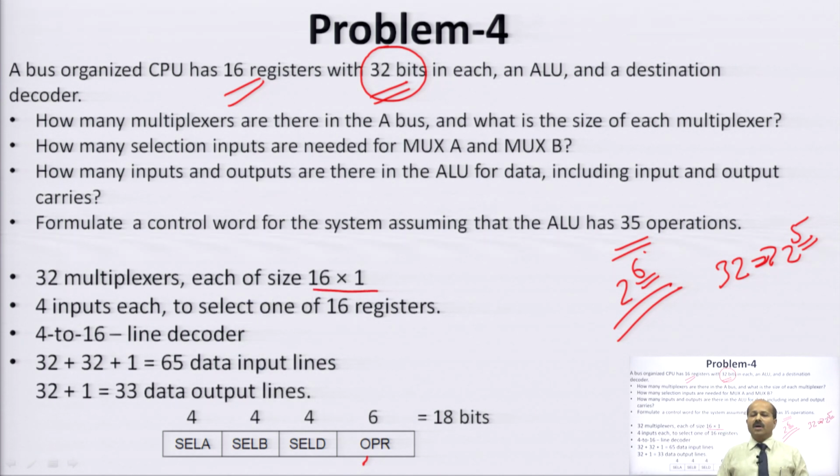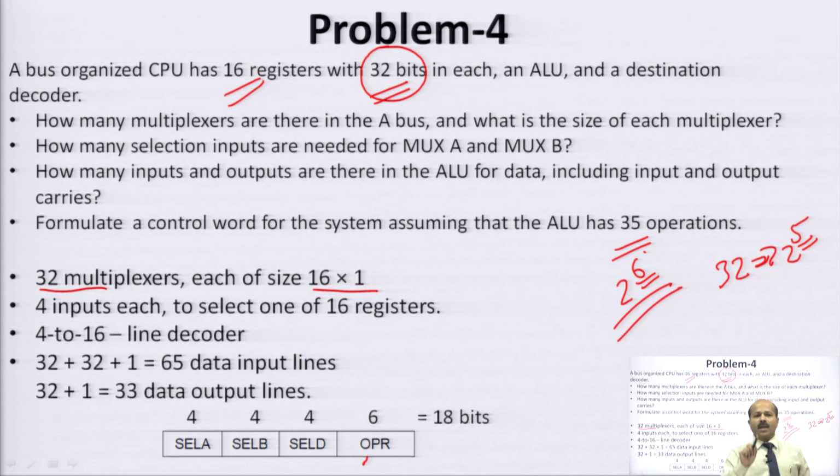And how many multiplexers in total? The number of multiplexers is equivalent to the number of bits to be transferred. Here we have to transfer 32 bits, that is why 32 multiplexers are used, and there are 16 registers in our register set, and we have to select one register at a time, that is why the size of the multiplexer is 16 cross 1.